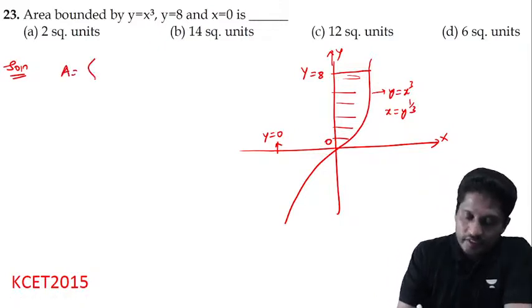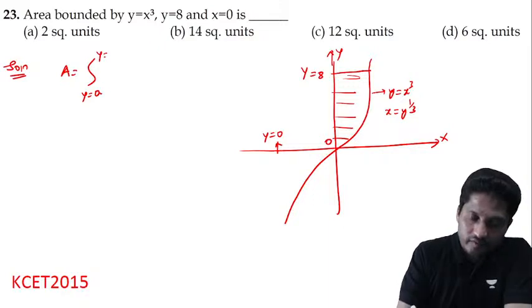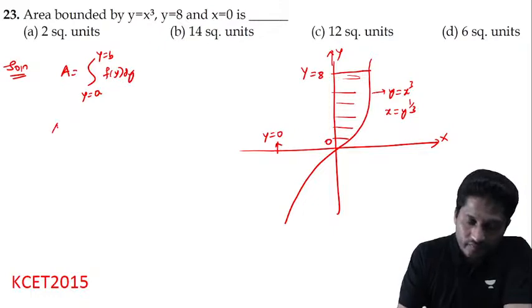Area is equal to the integration from y equal to a to y equal to b of f of y dy. So y equal to 0 to y equal to 8, y to the power of 1 by 3 dy.